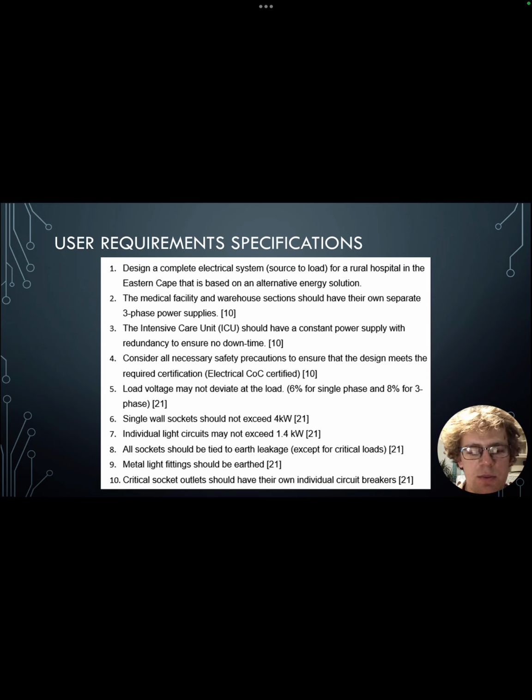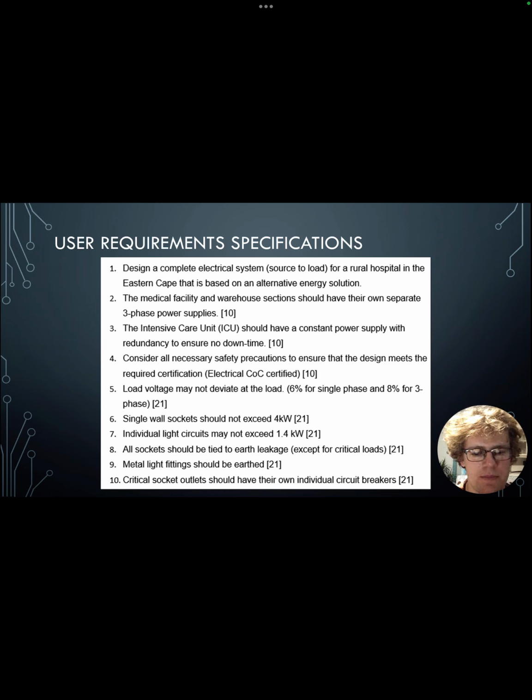Metal light fittings should be earthed, so for single phase circuits we use 3-core wire, and all of these metal lights are earthed from their chassis to the actual earthing point, going from the DB board into physical earth. This is done to ensure safety from electrical shocks, since the metal chassis of the light fittings is conductive.